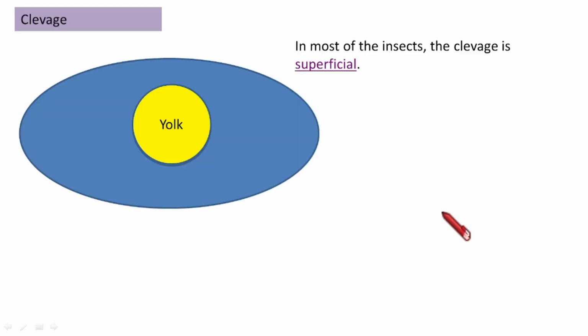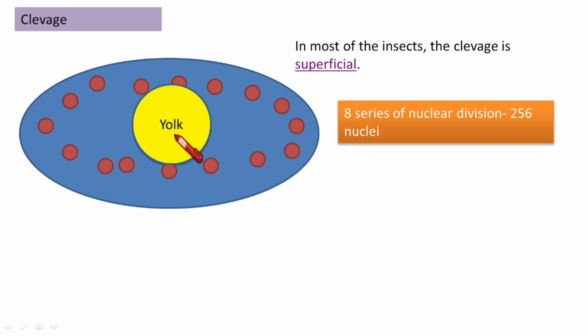Okay. Here we can see the superficial cleavage in the case of Drosophila. And why does this superficial cleavage happen here? One reason is the presence of a bulky yolk that is placed centrally. After it completes 8 series of such nuclear divisions, how many nuclei are forming here?